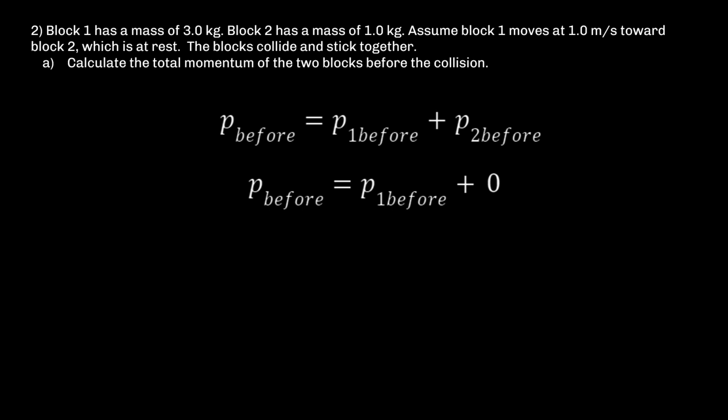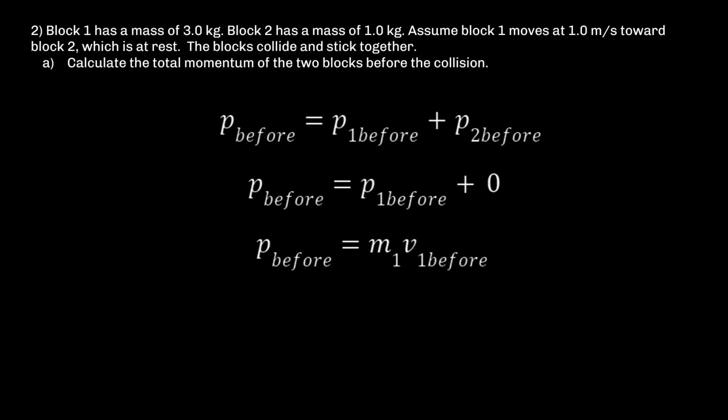Then we're going to set up our equation for the momentum of object 1, or block 1, and that is the mass of block 1, so that's m1, times the velocity of m1 before the collision, which was 1 meter per second. So we're going to have here momentum before is equal to the mass m1 times the velocity of block 1 before the collision. Now I'm going to plug in my numbers.